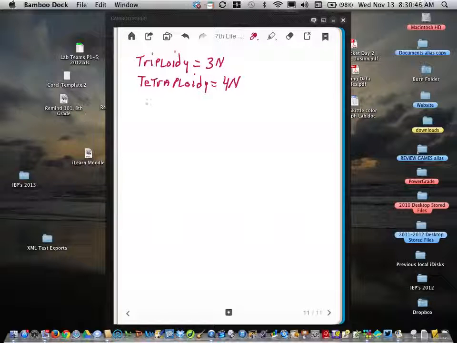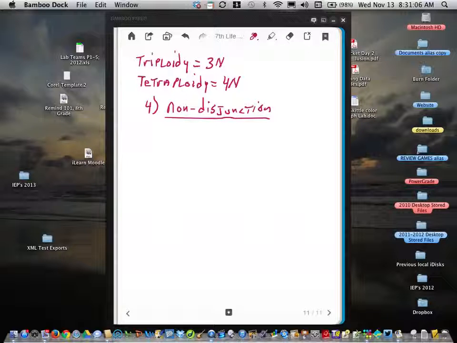There is a 4th type, and we'll see this in chapter 6 as well, called non-disjunction.